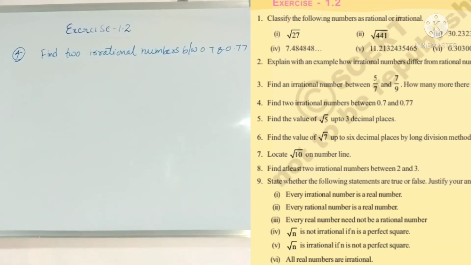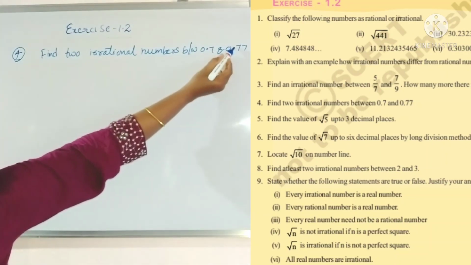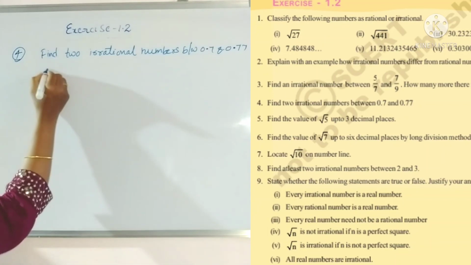Now we will see our fourth problem also. Here is our fourth problem. Find two irrational numbers between 0.7 and 0.77. So we can write many irrational numbers.